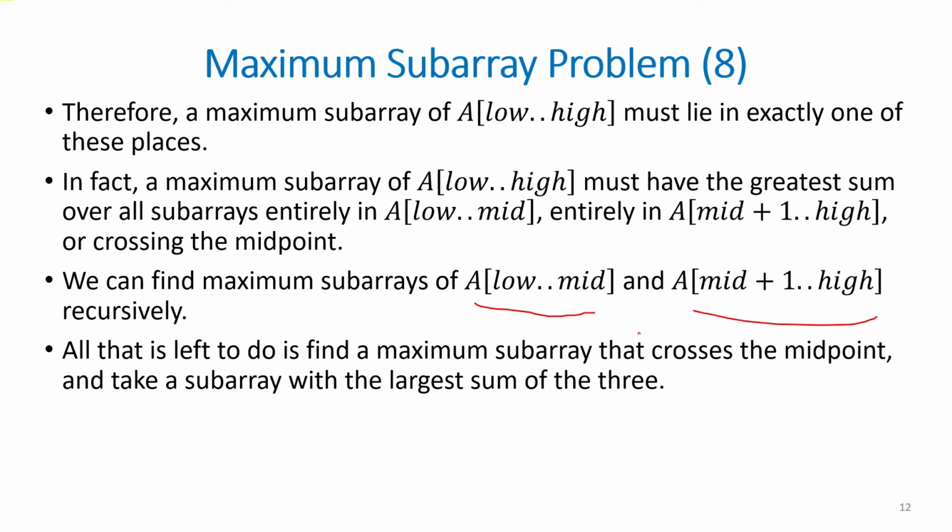But if it's crossing the midpoint, then we move to the left and right, calculating the subarrays in each case and adding them up to give us the total subarray crossing the midpoint. So we have a subarray entirely in the first half, a subarray entirely in the second half, and a maximum subarray crossing the midpoint. By comparing these three subarrays, we could determine the maximum subarray.